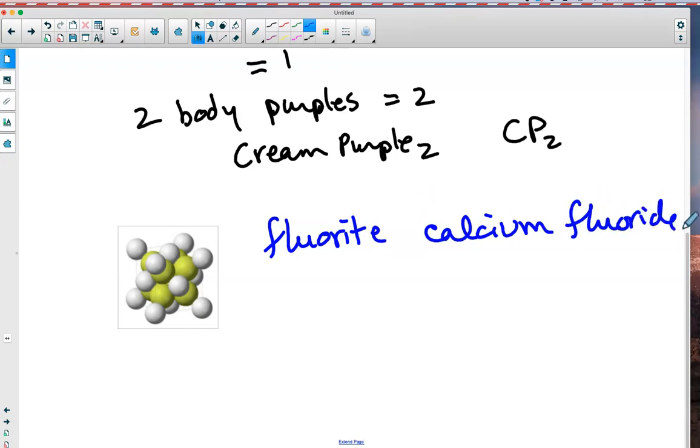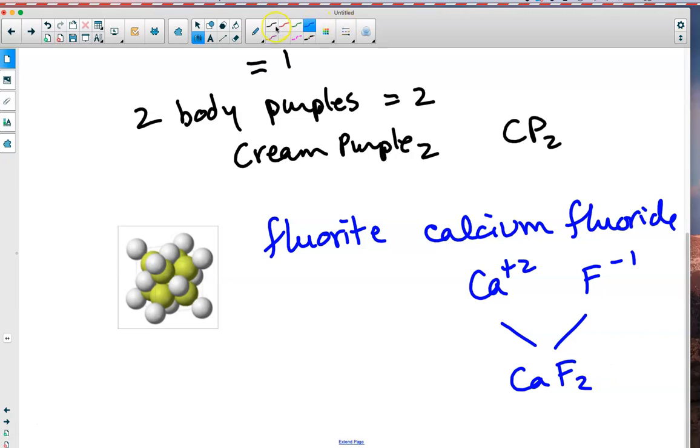And based on the positions of the atoms on the periodic table, the calcium would be a +2 ion and the fluoride would be a -1 ion. So the ratio that those 2 ions should come together in is a 1:2 ratio. So knowing that and then looking at the structure, we can figure out which of the ions shown corresponds to which element.